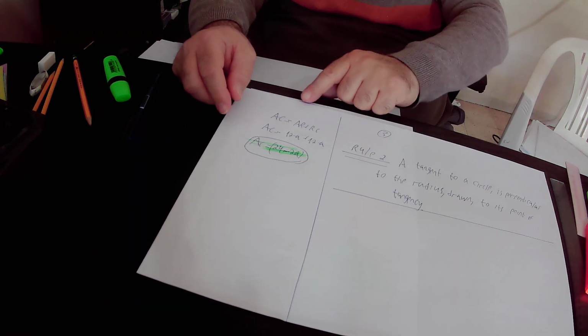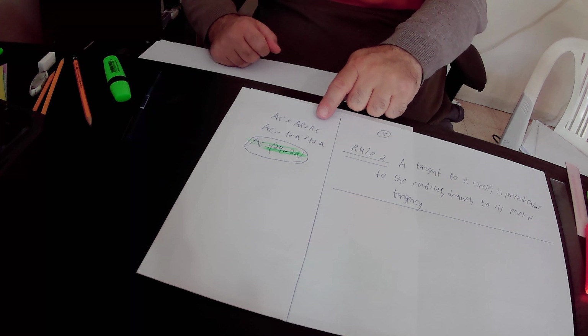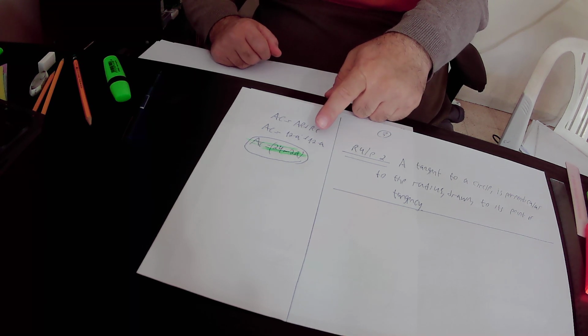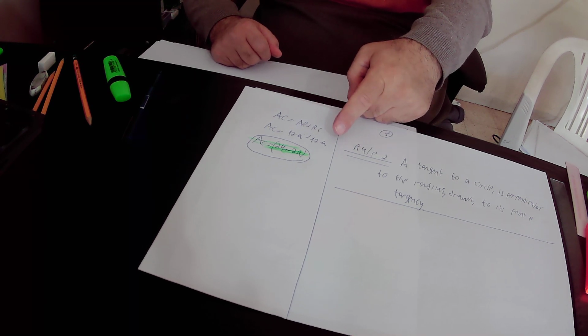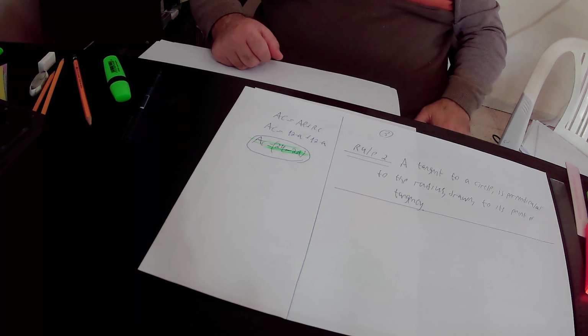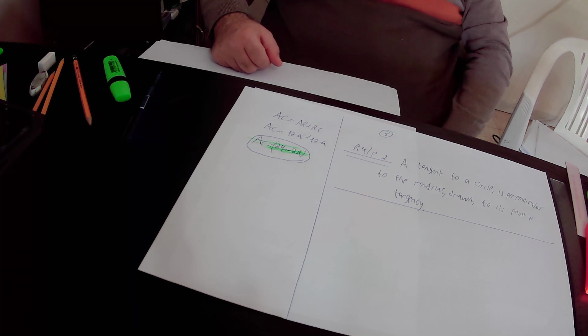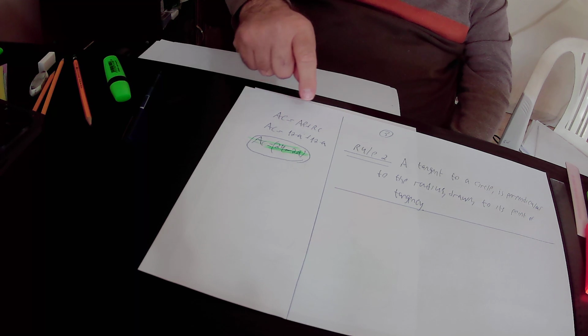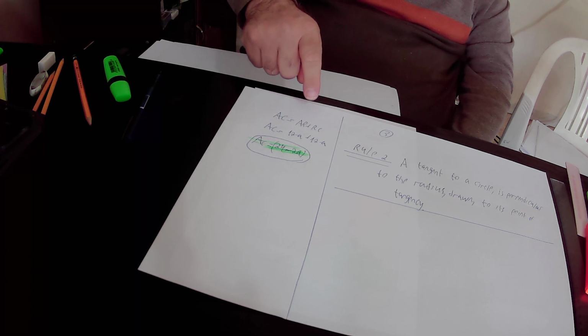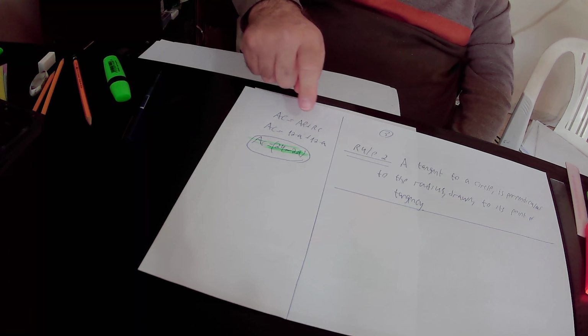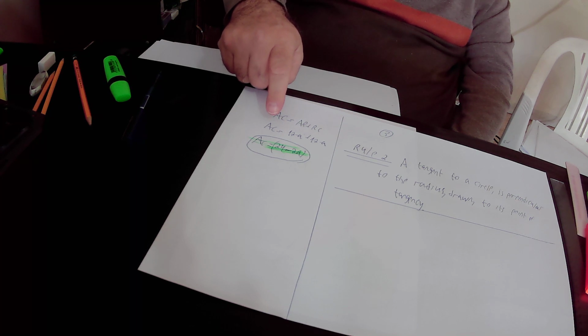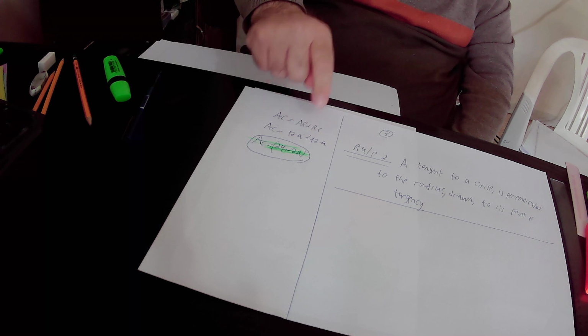Again, AC equals AR plus RC. But AR equals 12 minus A and RC is also equal to 12 minus A. So in conclusion, AC equals 12 plus 12, that is 24, and minus A plus minus A is minus 2A. So the length of diagonal AC is equal to 24 minus 2A.